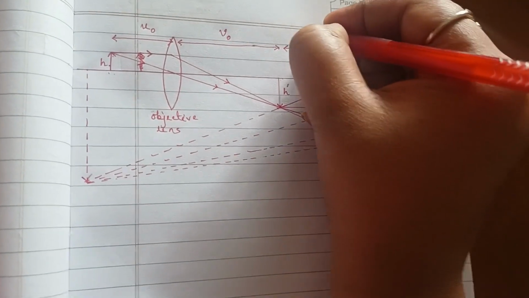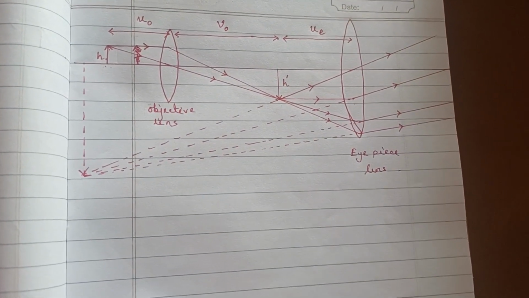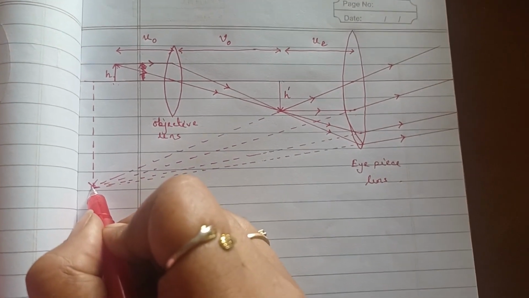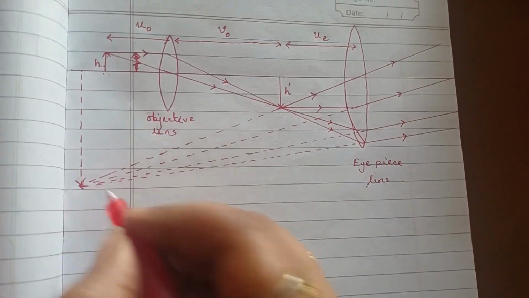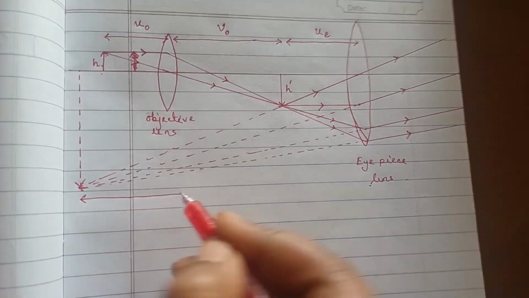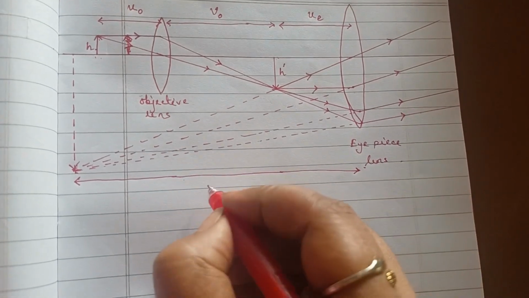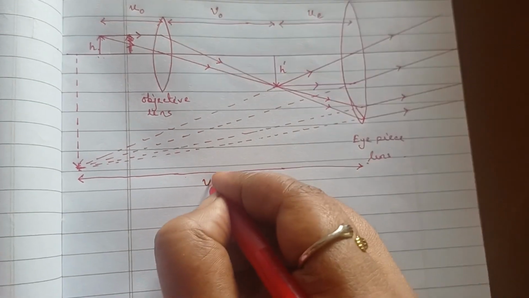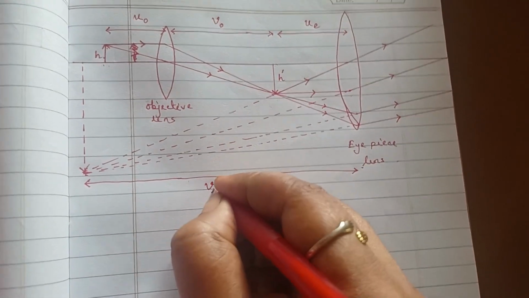So this is your object distance for eyepiece lens, UE, right? And the final image is forming over here from the eyepiece lens at a certain distance. This is the final image. So this should be the image distance mentioned with V, and this is image for the eyepiece lens. So this should be VE.